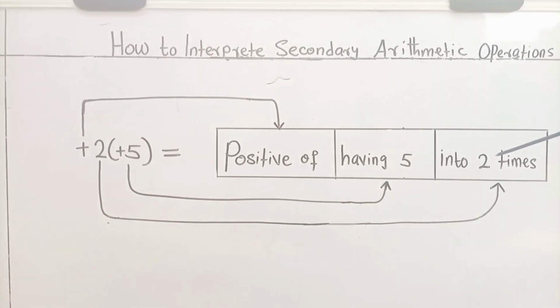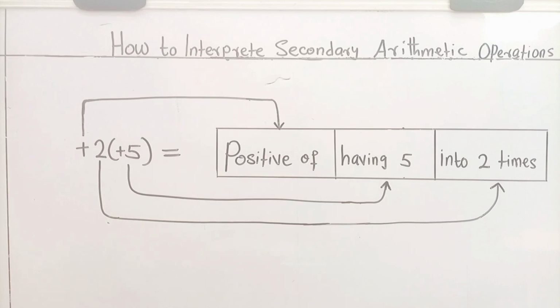The third one is into 2 times. Again, look at this arrow and trace it to where it is coming from. What is it coming from? Look at it here, 2. This plus is no longer a part of that arrow and no longer a part of that final phrase that says into 2 times. It is 2 alone that that expression refers to. Therefore, each time you interpret anything, be sure that every part of your interpretation can co-locate.